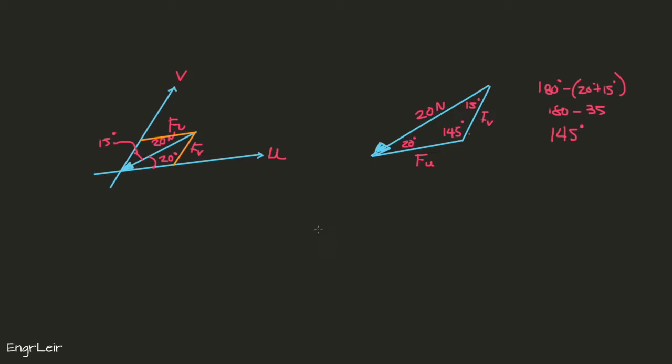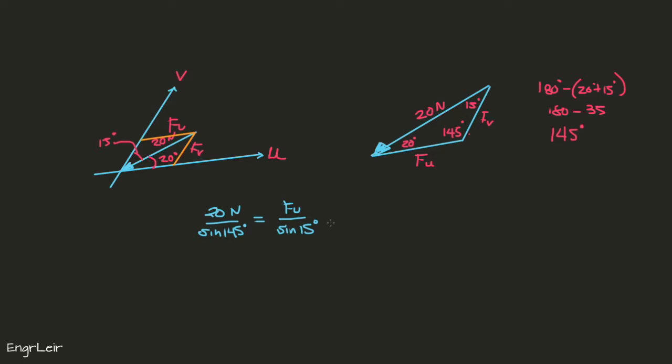Now, using again the law of sines, you can get 20 Newtons over the sine of the opposite angle, which is 145 degrees, is equal to f sub u over the angle opposite u, which is the 15 degrees. So it's the sine of 15 degrees.